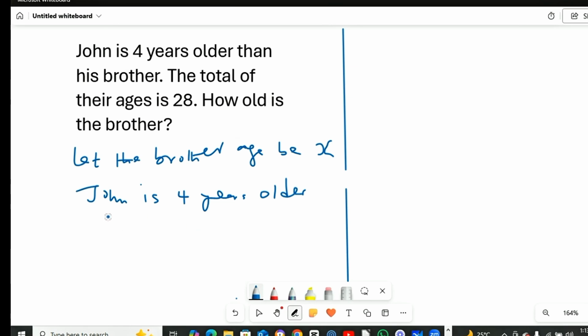That means John's age should be x plus 4.